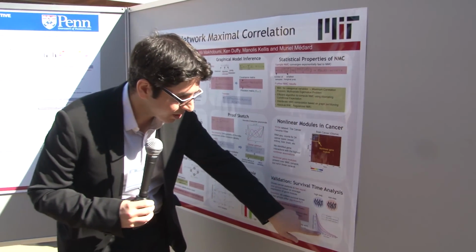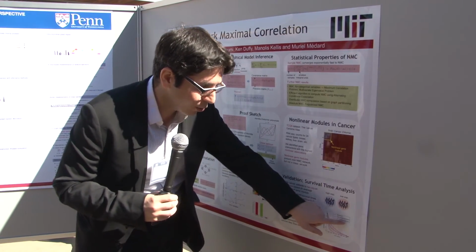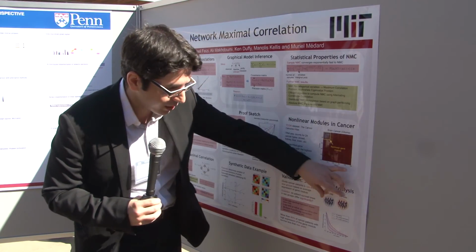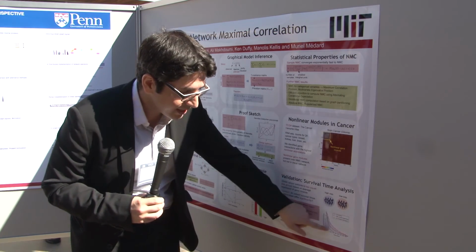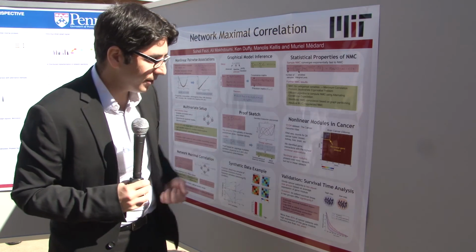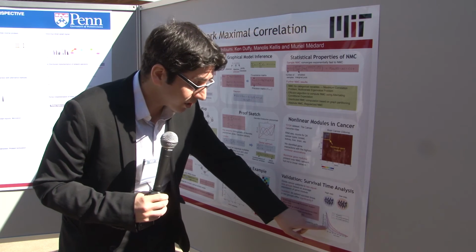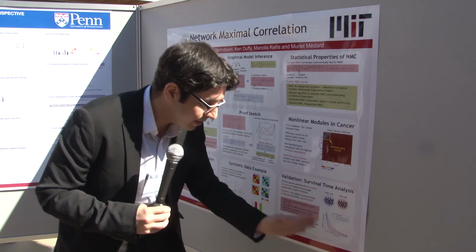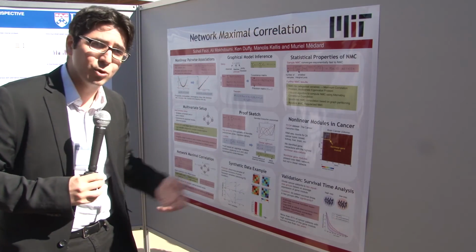So the blue ones are the ones with high expression of the module. The red ones are the ones with low expression of this module. And if you ignore this partition, you get the middle one. And you see there is a significant difference between the 2 curves, indicating that if a cancer patient has high expression of this module, they will probably not survive more than 500 days, almost 2 years.